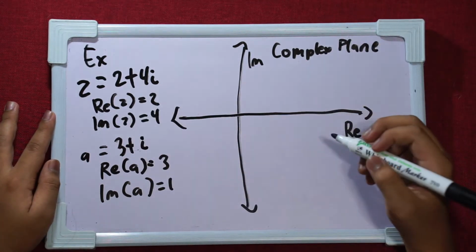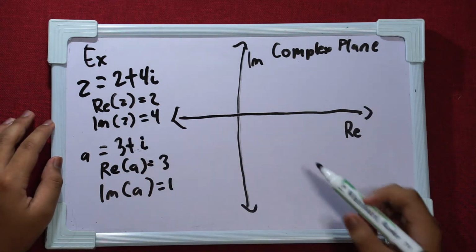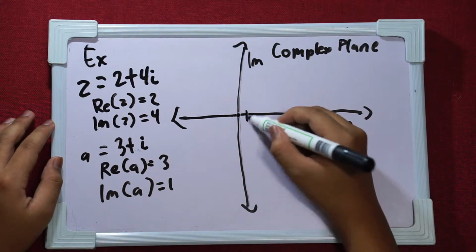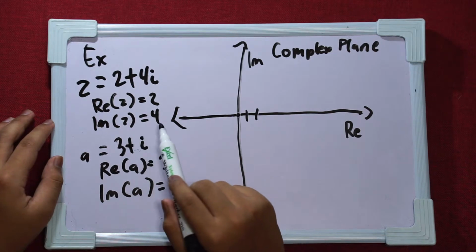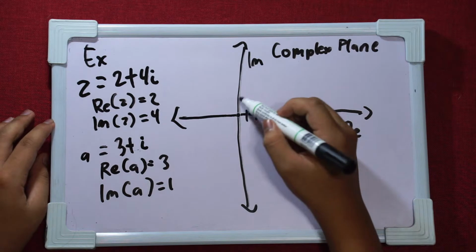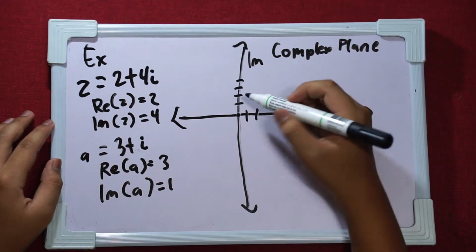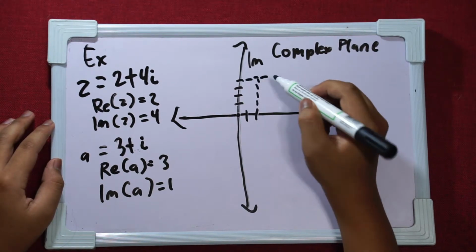On z, to plot this, the real part of z is 2, so we are going to count from the center to the right. So 1, 2, and the imaginary part of z is 4, so we're going to count upwards on the imaginary axis by 4. 1, 2, 3, 4. So z would be here.